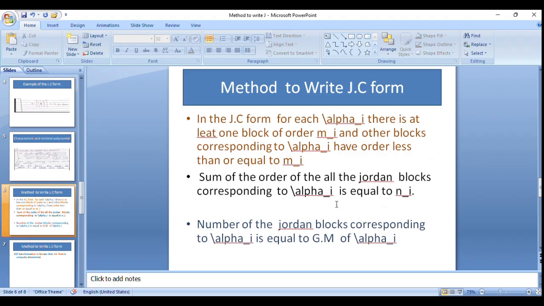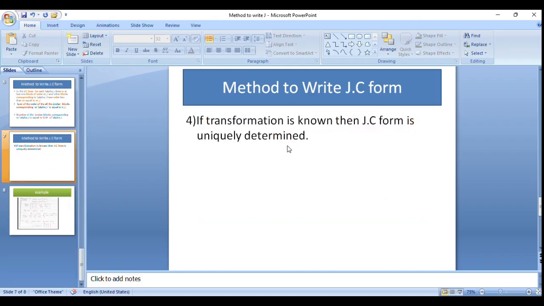We don't need to find the geometric multiplicity separately. We will use these properties and find the Jordan canonical form.